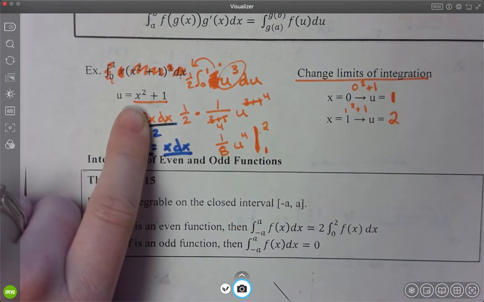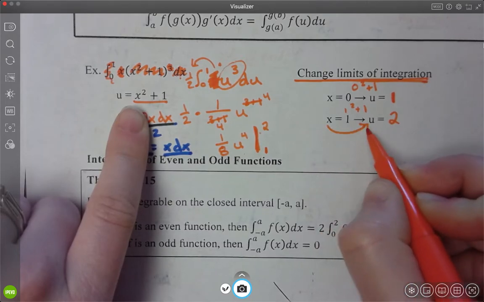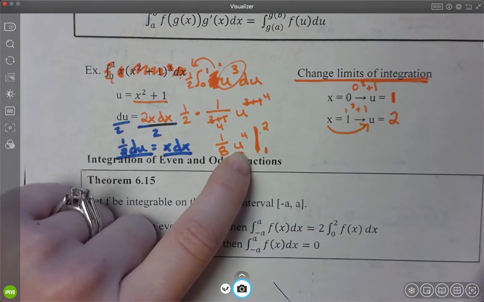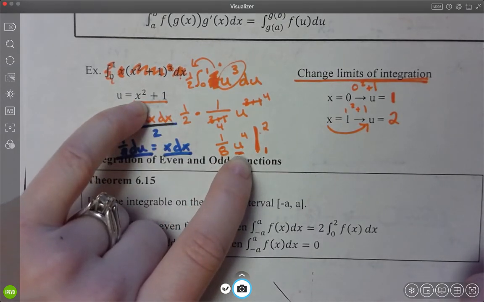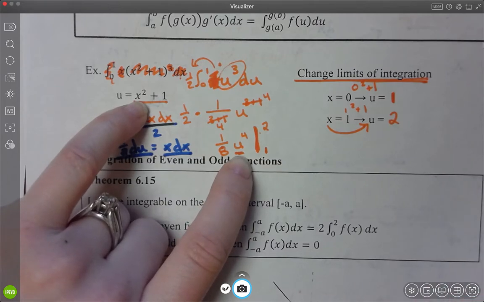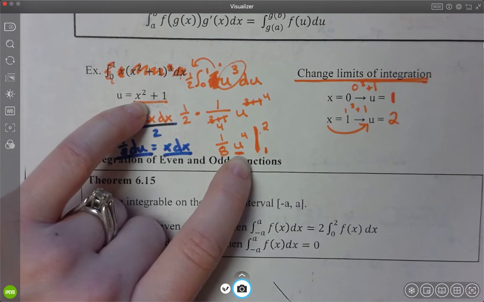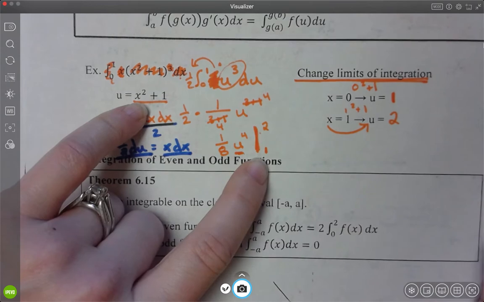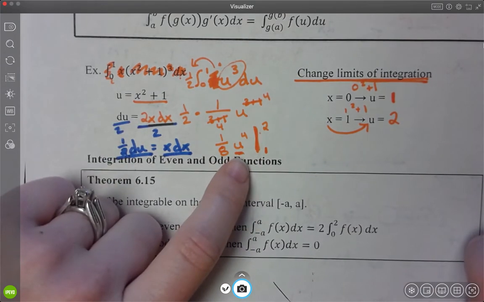I've changed my limits of integration from x's to u's. So now this u can stay as a u in here, and I don't have to switch it back to this ugly x squared plus 1. I'm doing the same work, but I'm just saving myself some extra steps rewriting some things. If I change my numbers from 0 and 1 to 1 and 2, then I can just plug them straight into u. I hope that all makes sense.